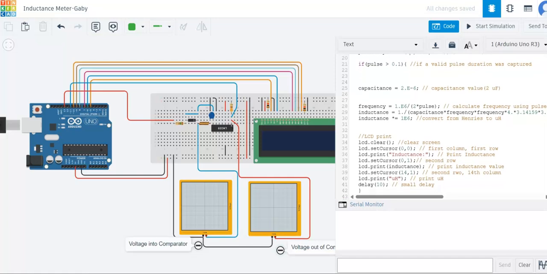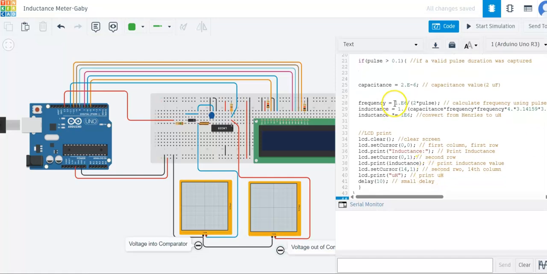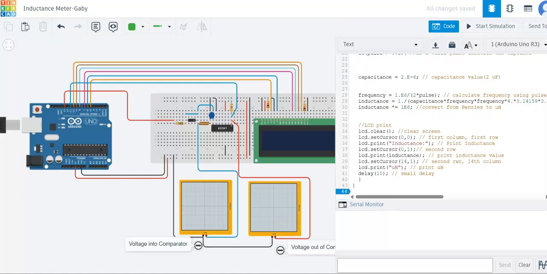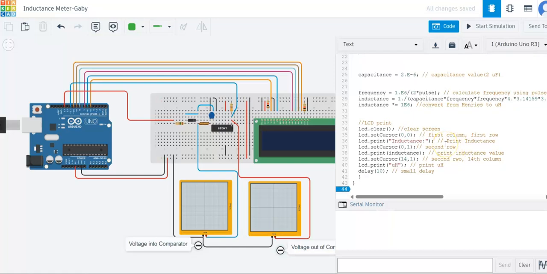We then move on to calculating our inductance by using the formula 1 over 4 pi squared times frequency squared times capacitor. And then we convert it from henries to microhenries. And then right here we use the LCD to print out the inductance and the inductance value.